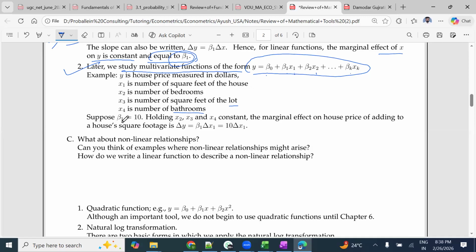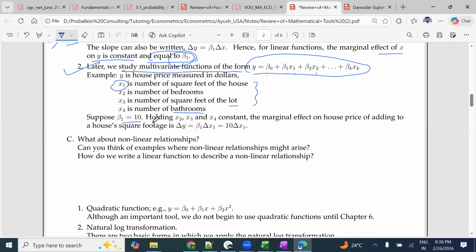Suppose beta 1 is equal to 10, you got. Then how will you interpret? Here also you interpret in the same way. When you interpret a multiple linear regression coefficient, here you are interested in interpreting only x1, the impact of x1 on y.